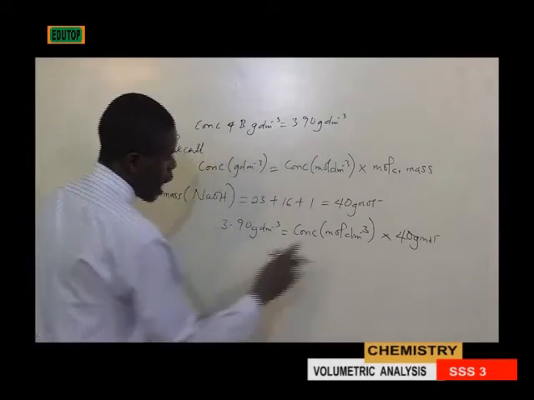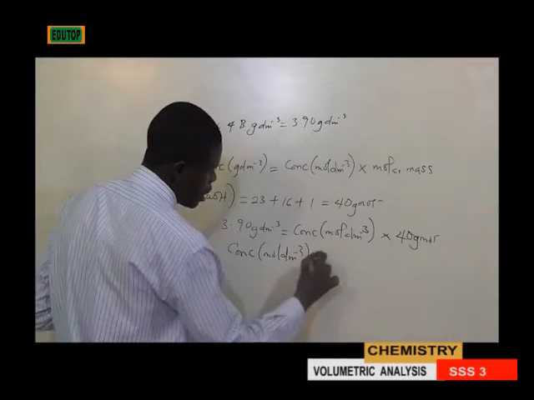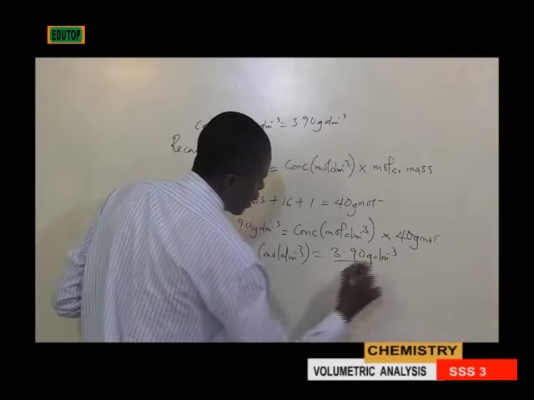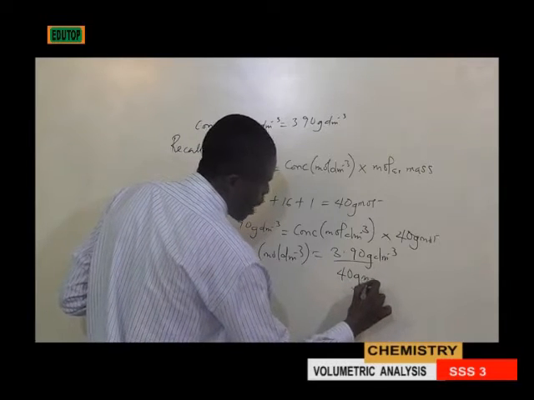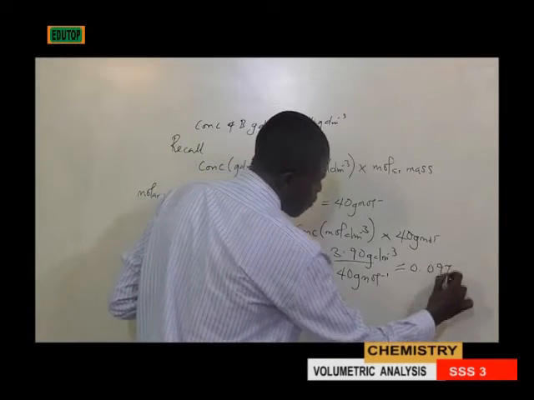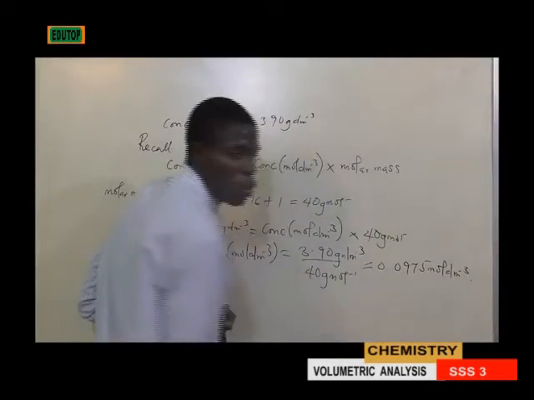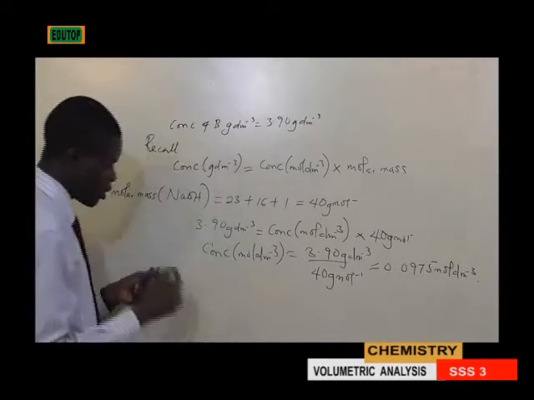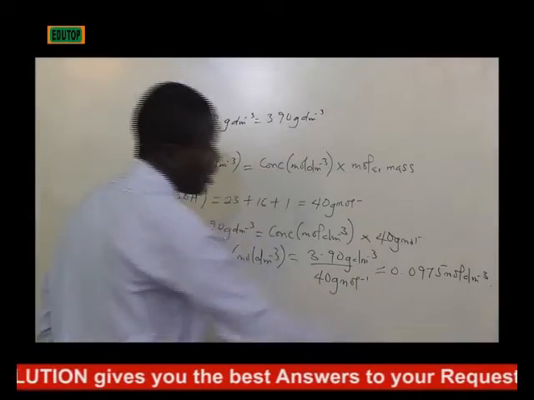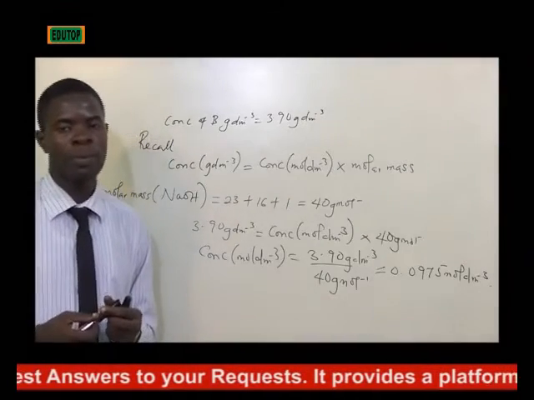If we solve the formula, we're going to have concentration in mole per dm cube equals 3.90 gram per dm cube divided by 40 gram per mole. In that situation, it will give us 0.0975 mole per dm cube. So this is the concentration of sodium hydroxide, which is the base, in mole per dm cube: 0.0975 mole per dm cube.